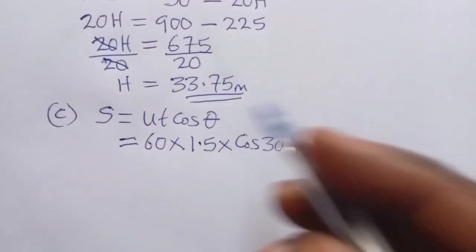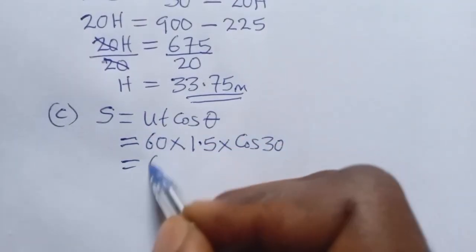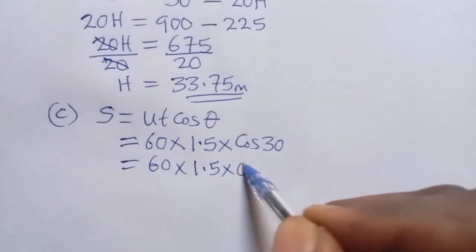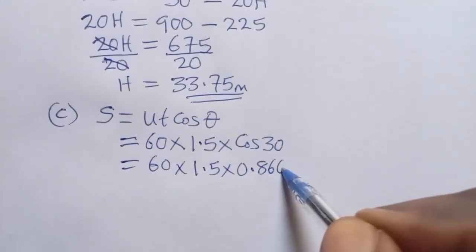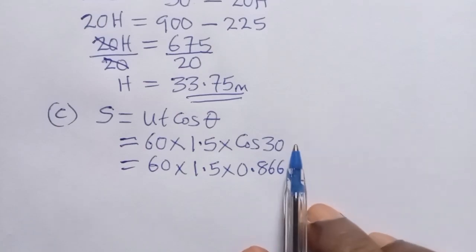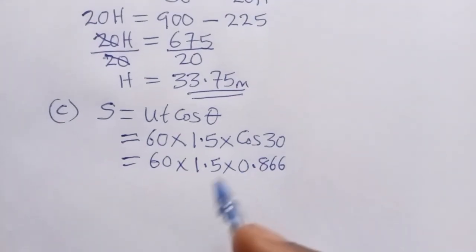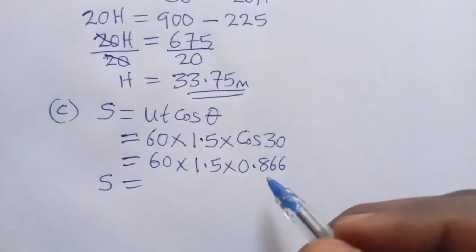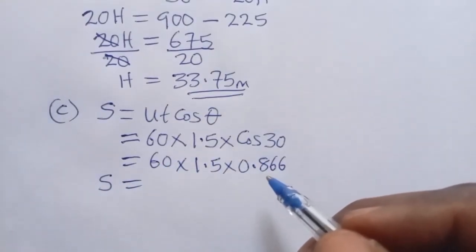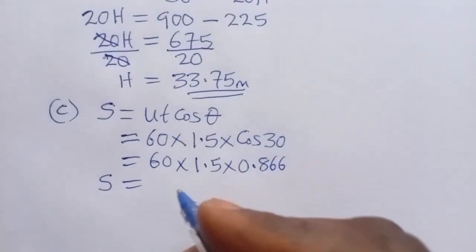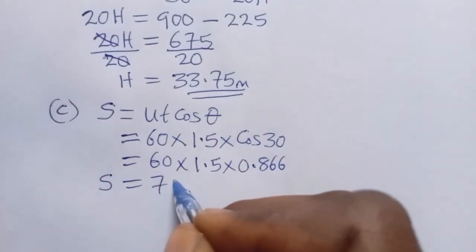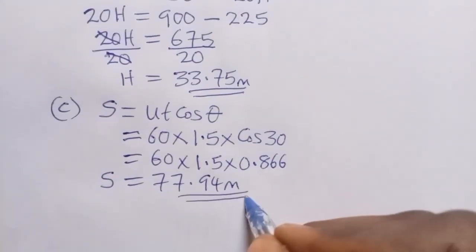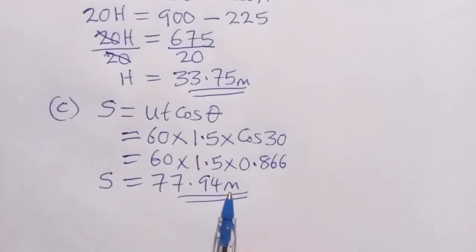So simplifying this further, we have 60 multiplied by 1.5 times 0.866. The value of cos 30 is 0.866. And by the time we multiply these values with our calculator, it's going to give us that horizontal distance as 77.94 meters.